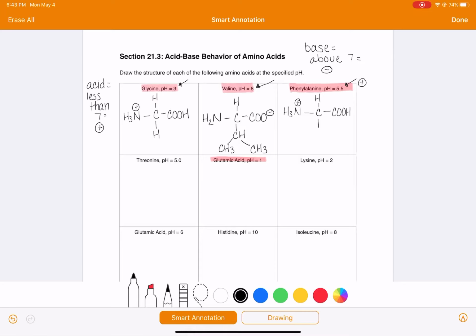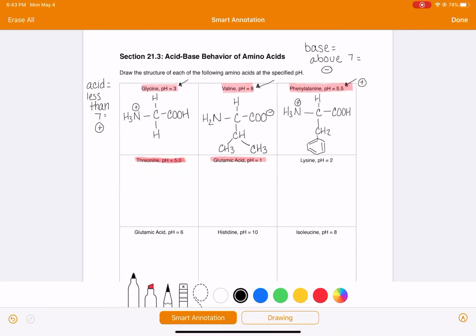And when I'm looking at the R group for phenylalanine, all I see, and if you can't find it yet, pause it and then restart when you find it, are carbons and hydrogens, which means that phenylalanine is neutral and the structure of its R group is not affected by the pH of the solution. So we are just going to draw that R group in just like that because it's not affected by the solution's pH.